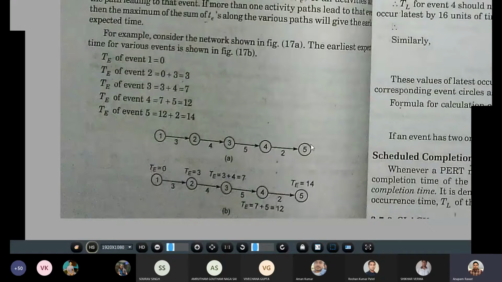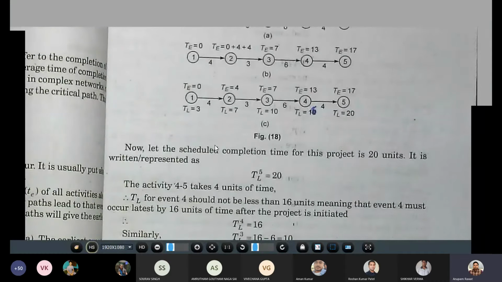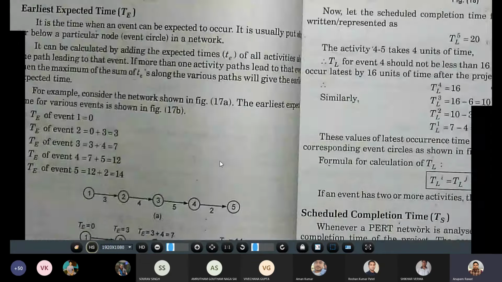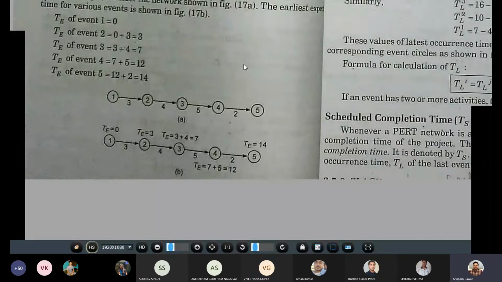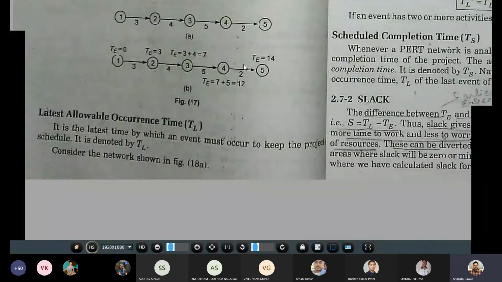Now, after that, there is the latest allowable occurrence time, known as TL. It is basically the time by which an event must occur to keep the project on schedule. It is called allowable occurrence time, and it is denoted by TL.